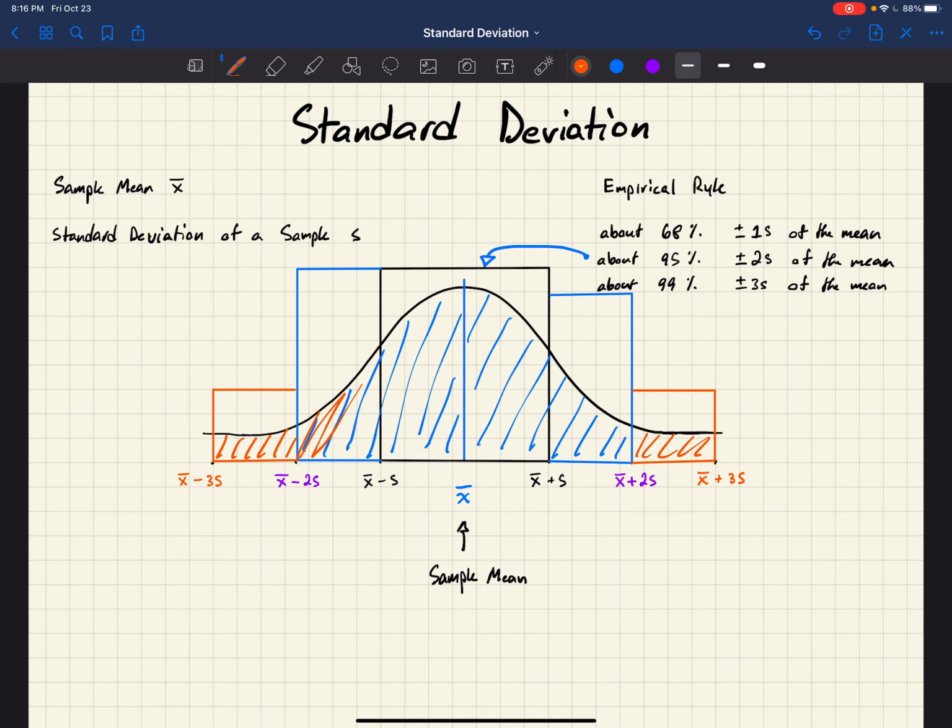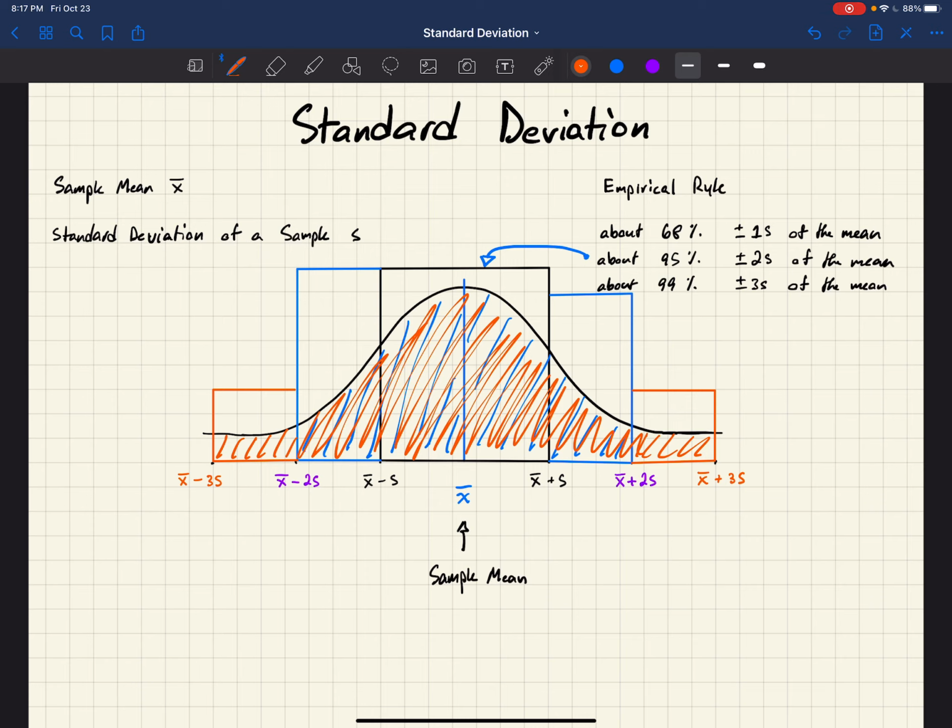This orange shaded area now represents 3 standard deviations above the mean and 3 standard deviations below the mean. And the empirical rule tells us that about 99% of the data will be within that distance of the mean when you have a bell-shaped distribution.